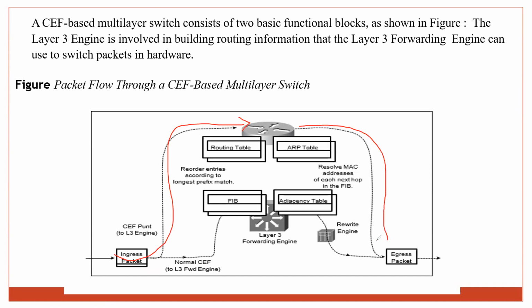So the first packet will go like this. The supervisor engine will build the routing table and it has the ARP table as well. All the line cards are giving the MAC and IP information to the supervisor engine itself. Once it learns that information, it sends this information to the line cards. So they are sending the FIB.